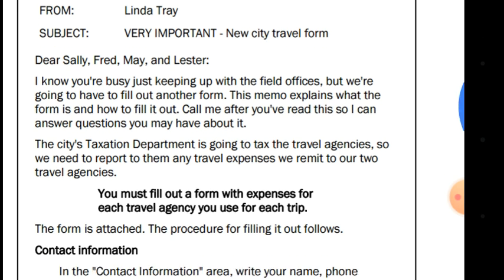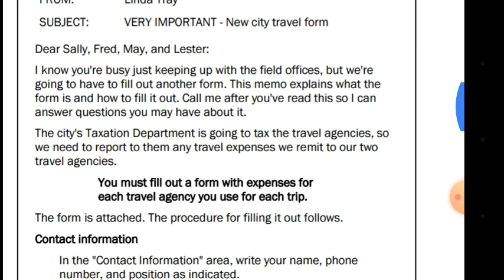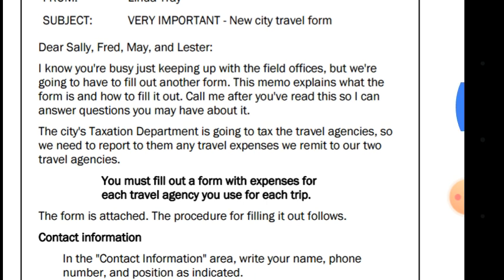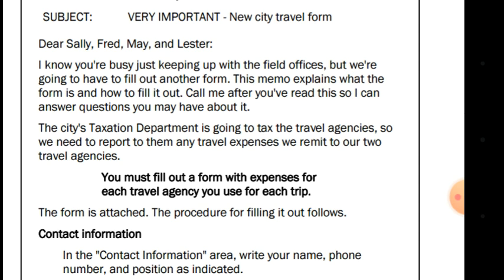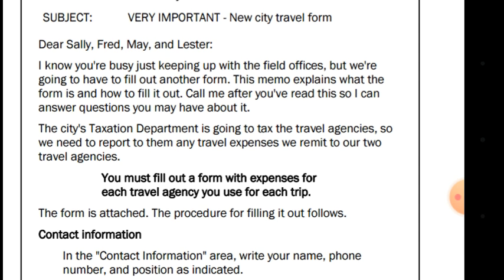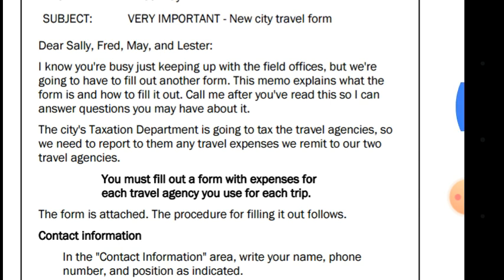And he writes, the city's taxation department is going to tax the travel agencies, so we need to report to them any travel expenses we remit to our travel agencies. So the writer includes a brief rationale for the form without including details unnecessary for the reader to understand the context.